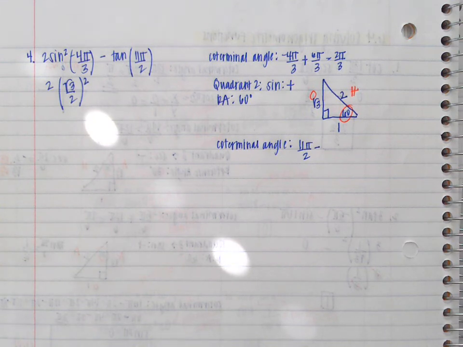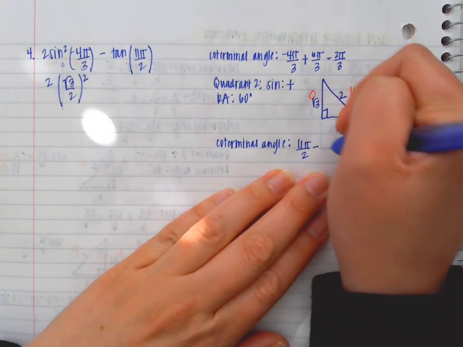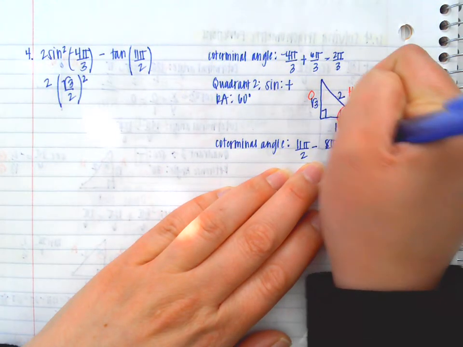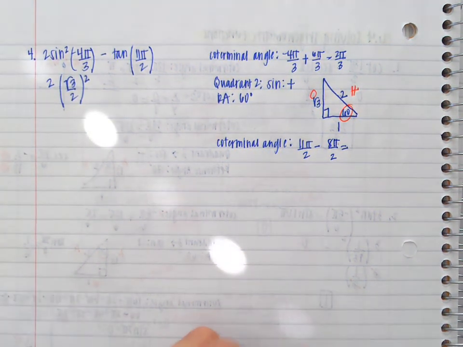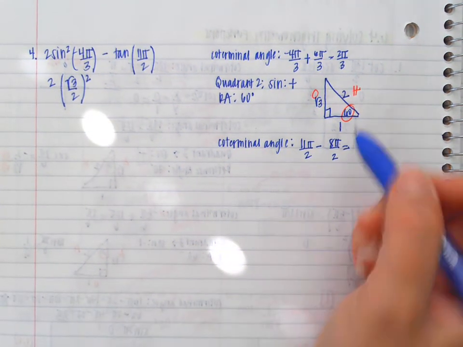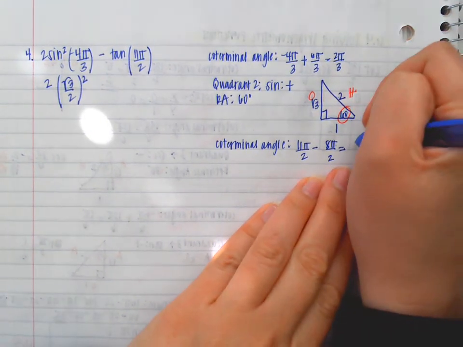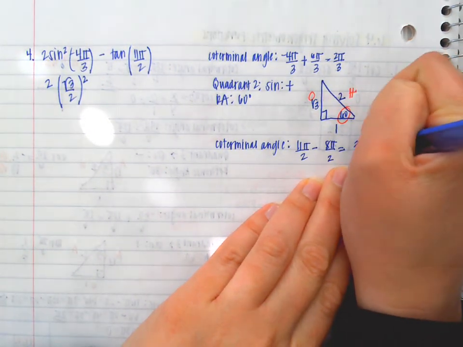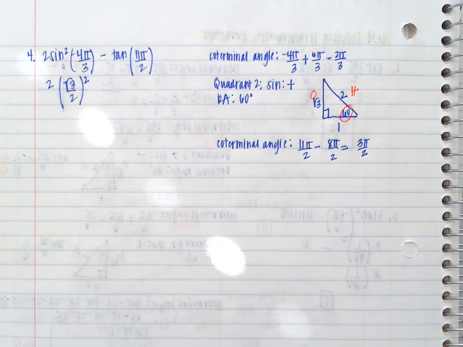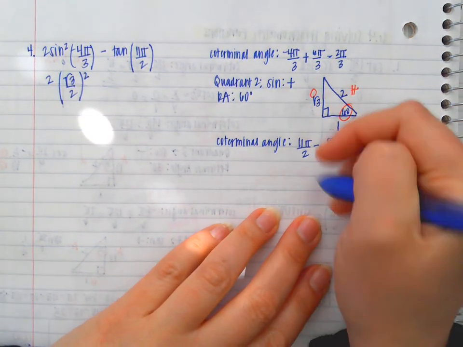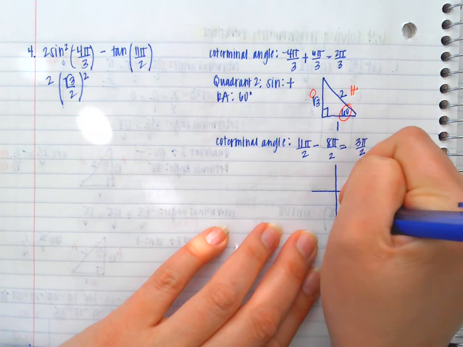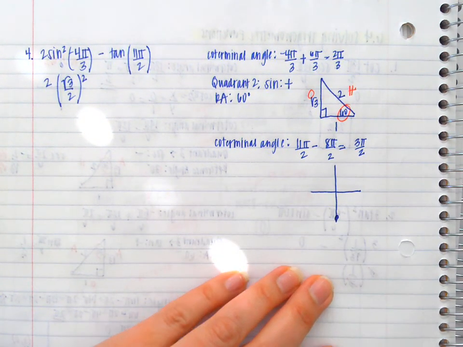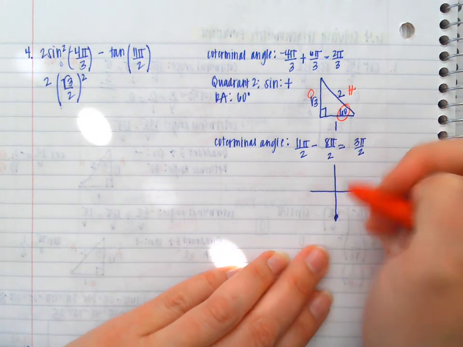Remember, 2 pi is 4 pi over 2, so what I'm actually going to subtract by is 8 pi over 2, because I know I'd be subtracting it more than once. So 11 minus 8 gets me 3 pi over 2, and that's one of my special ones on the unit circle that I need to have memorized. So 3 pi over 2 is at 270. So we know that point is 0, negative 1.